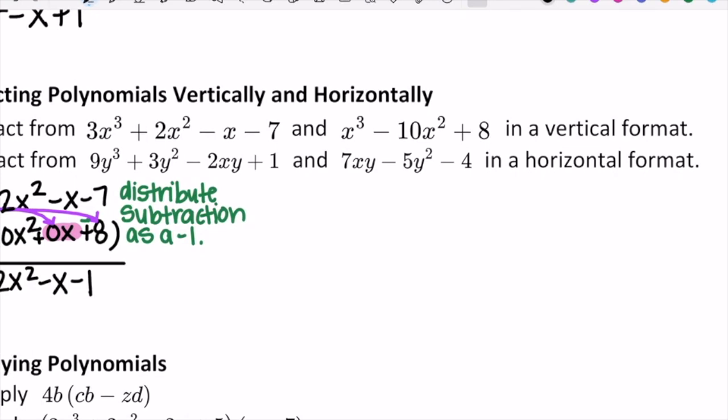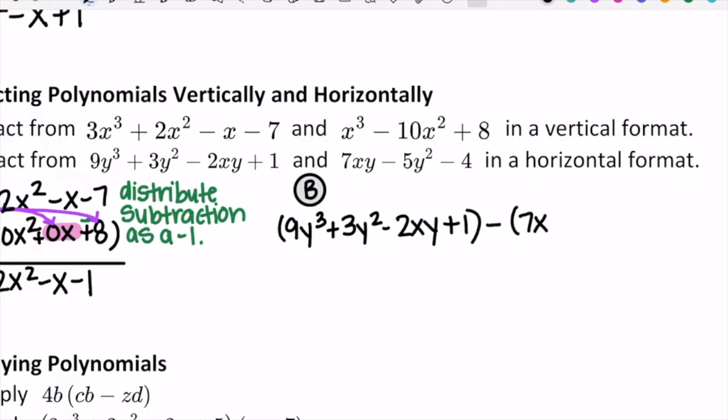Okay, so the same thing would apply if we did it in a horizontal format. So if I have 9y cubed plus 3y squared minus 2xy plus y, we're going to be subtracting 7xy minus 5y squared minus 4.